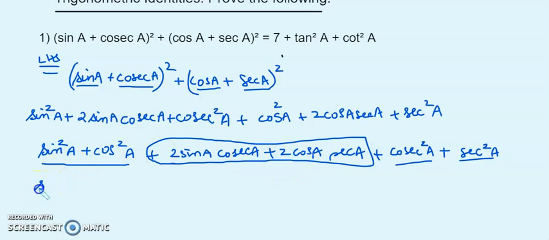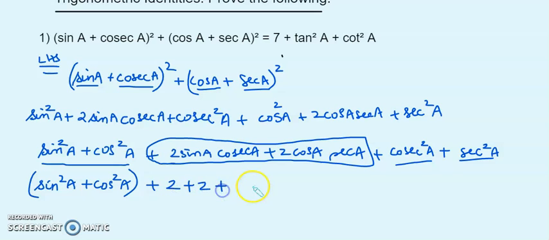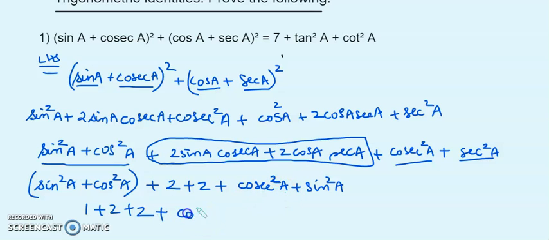So first I'll do this trigonometric ratio rule. I'll keep sine square a, cos square a as such, and I'm just making a group because I'm going to apply the identity, plus 2 plus 2 plus cosec square a plus sec square a. Now, sine square a plus cos square a, the identity says 1, plus 2 plus 2 plus cosec square a is cot square a plus 1.